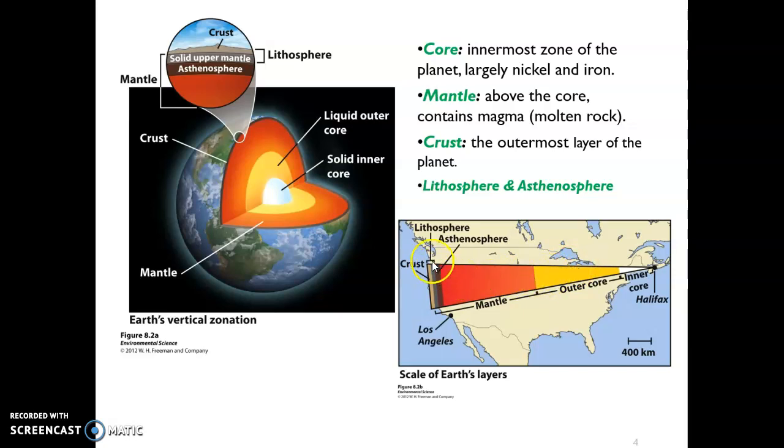And then you can see a diagram, which we'll come back to, of the lithosphere and the asthenosphere. In short, the asthenosphere is the upper portion of the mantle. So it's still part of the mantle, but it's the upper portion. And the lithosphere is a combination of the crust and the very, very top of the mantle. So let's take a look at that on the next slide.